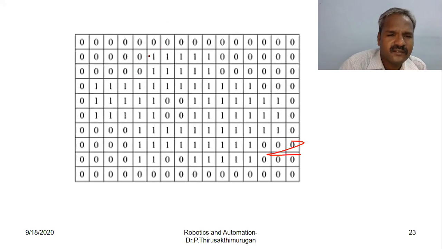Here, you take the boundary first. Mark the boundary. Please do it. I am going to give this problem as an assignment. You do it now itself. If you have any doubt, ask me.